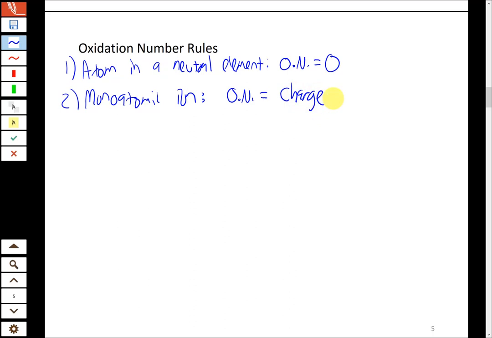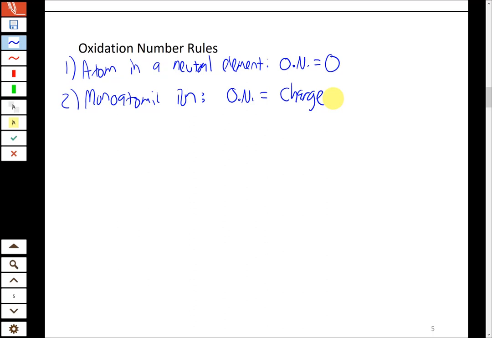All those group 1 cations, lithium plus, sodium plus, whatever, if they show up in a redox equation, their oxidation number is +1, the same as their charge. Or if you have an anion, O2 minus or Cl minus, the oxidation number is equal to the charge. So oxidation number can be positive, negative, or 0.